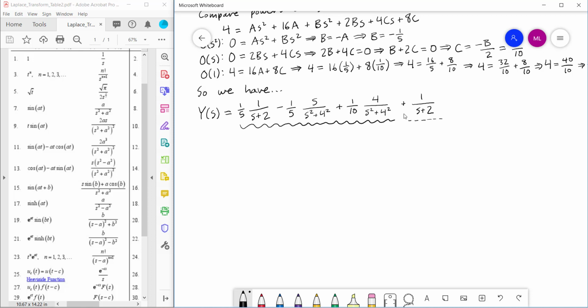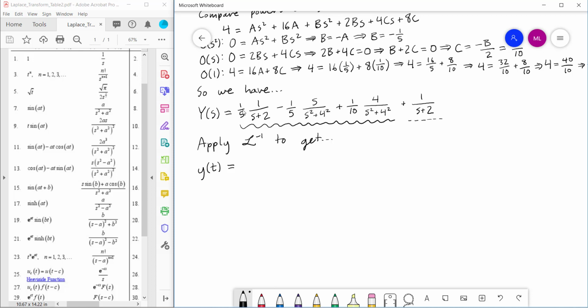But let's transform these. All of these functions now show up in our table over here. So let's hit this first one. Our goal is to now apply the inverse Laplace transform to get y of t, our solution, right? So the inverse Laplace transform of capital Y is back to our lowercase y.